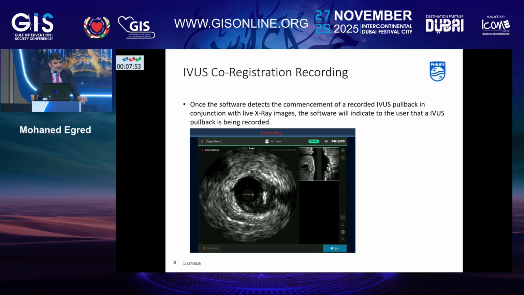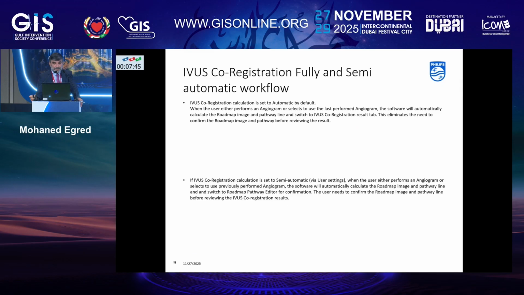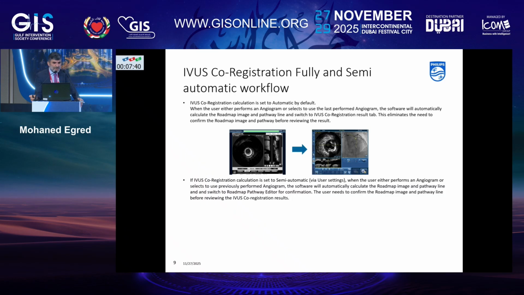For the IVUS co-registration recording, once the software detects the commencement of the recorded IVUS pullback with the live X-ray, that happens automatically. And of course, I'll show you here how this happens. You click on the button, and once you put the IVUS in, start taking it back and injecting the dye at least 15 frames per second with the X-ray, you'll be able to register it easily.